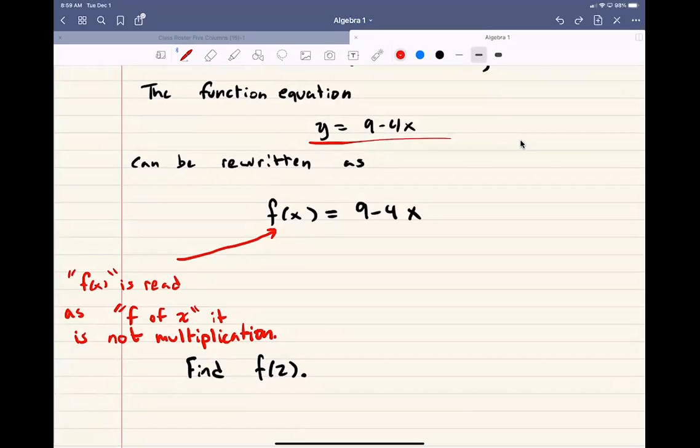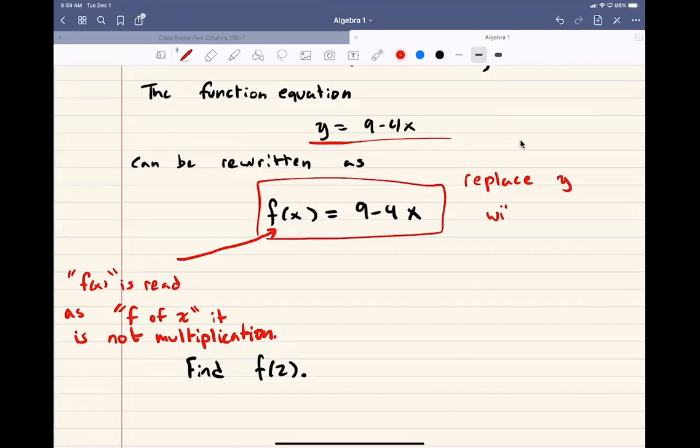This in itself right here is the function notation. You replace y with f of x. And the reason we like f is because it says a function of x.